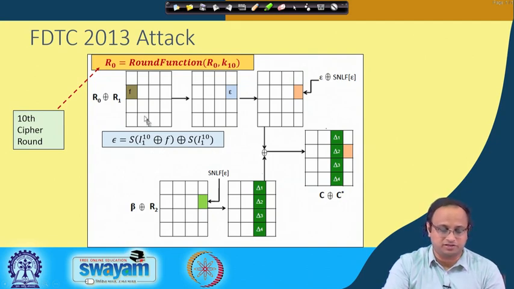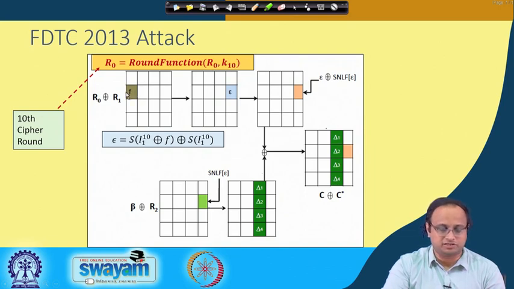Assume that one of the correct states is I110, say the first byte of the 10th round input. The 10th round input bytes are denoted as the 0th byte, the first byte, the second byte, the third byte, and so on, as we have seen in previous classes.